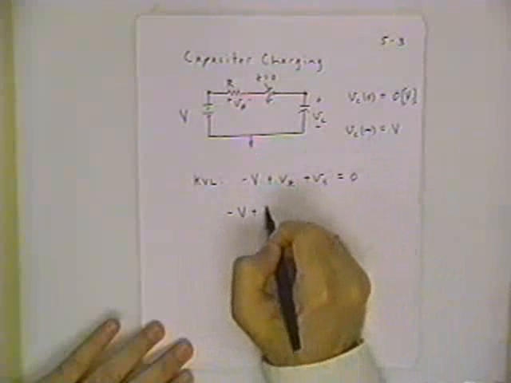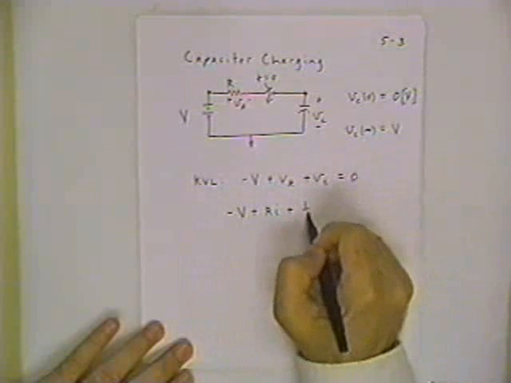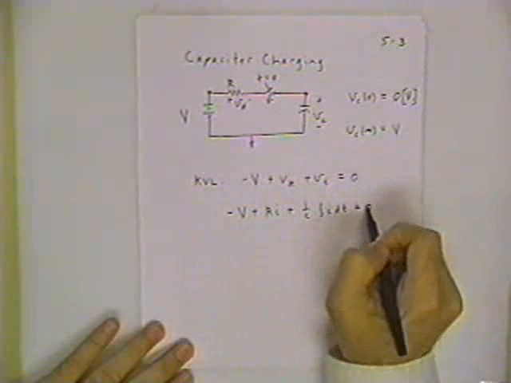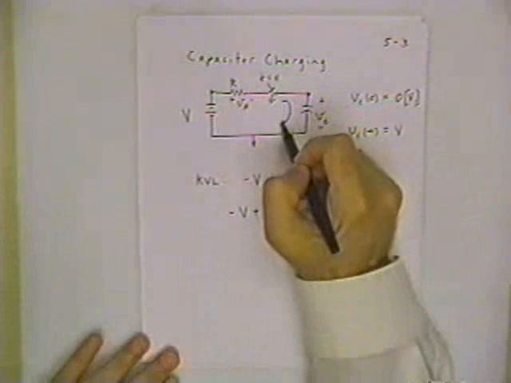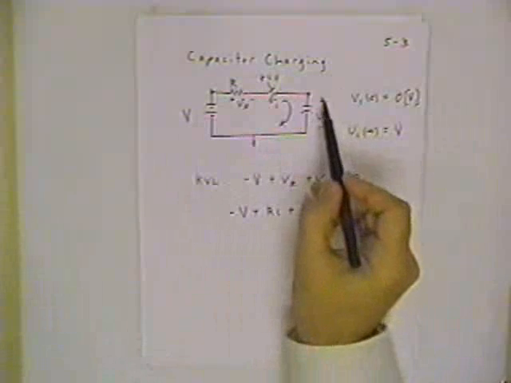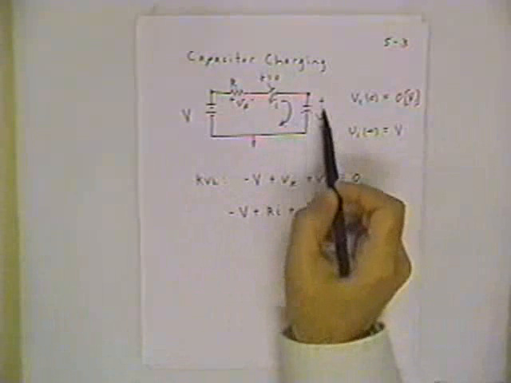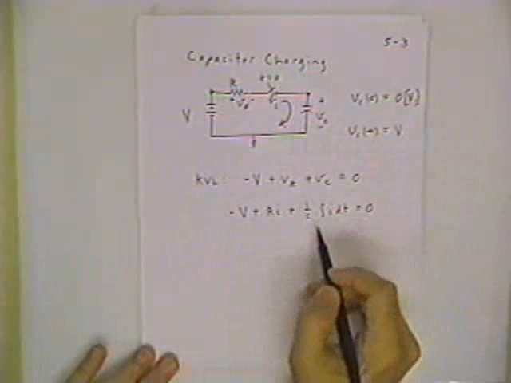Minus V plus R times I, and now we need a plus sign, and you should remember that's from the passive sign convention. The current that I'm describing in this equation is the current going clockwise through the circuit, and it's going from higher to lower potential. The capacitor here is acting like a passive element, and so I use the positive sign in my model.